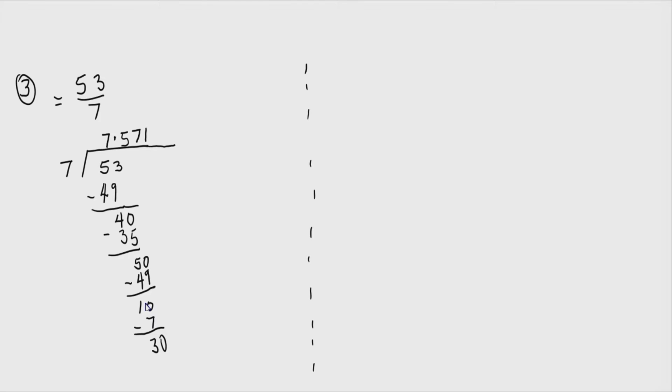Let's see. So 7 times 4 is 28. So that gives us 2 here, and 4 here first. So 4 times 7 is 28. So there's 2 left.